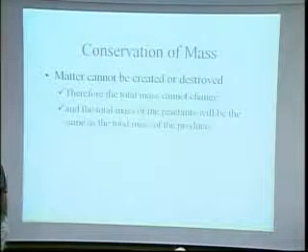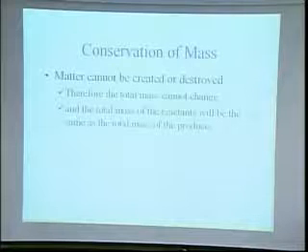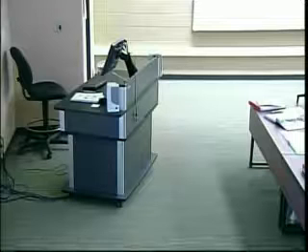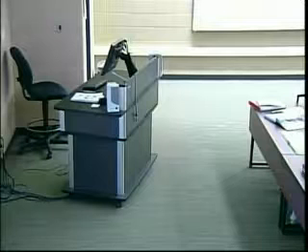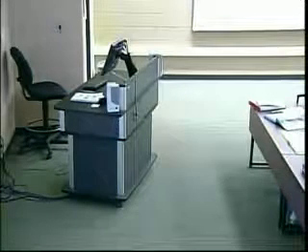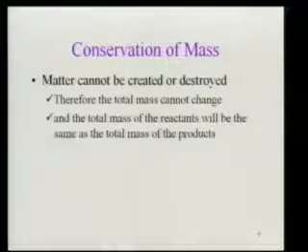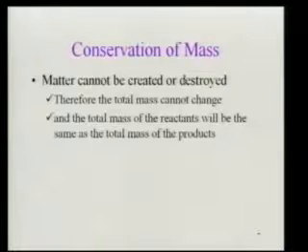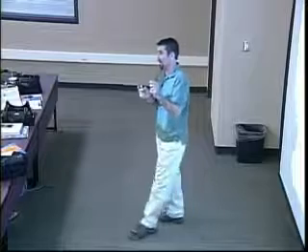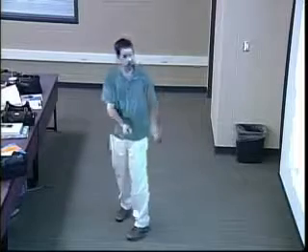We already know this. We said we cannot create or destroy matter. Thus, we cannot just have a certain number of atoms of carbon on this side and all of a sudden change that number of atoms on the other side of the equation. It can't happen. You've got to account for everything. Okay? So whatever total mass of reactants you start with, that's what your total mass of products has to equal whenever you're all done.